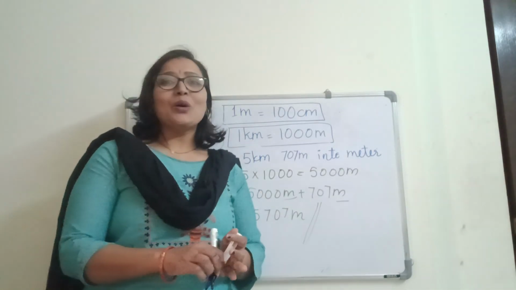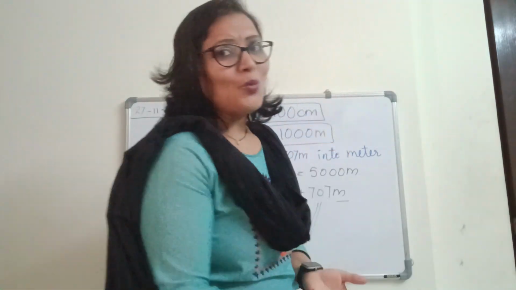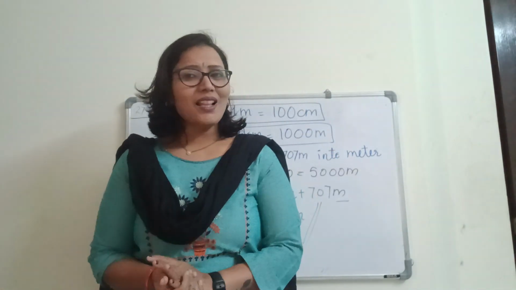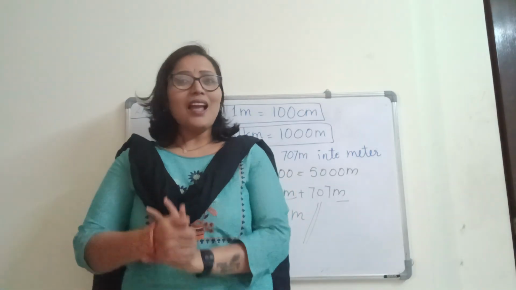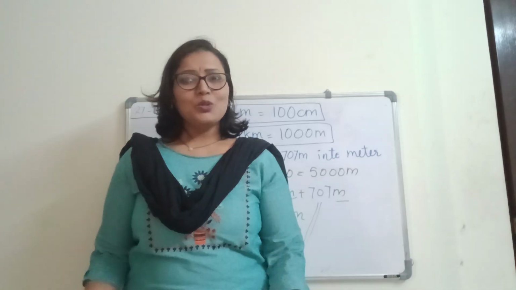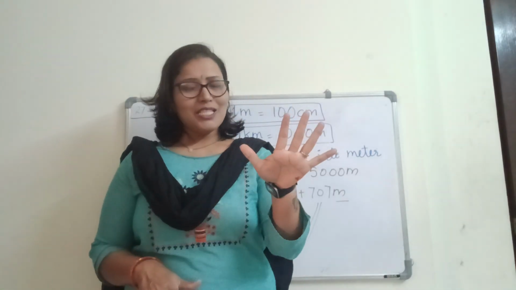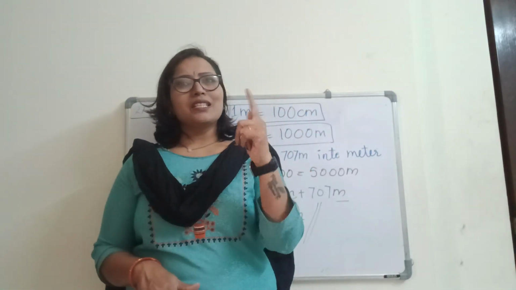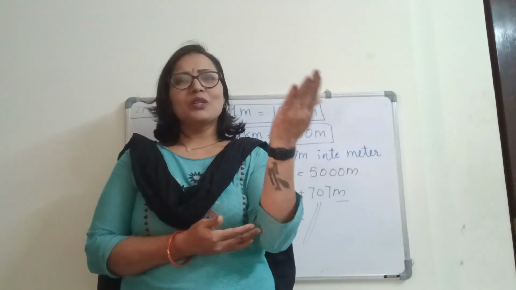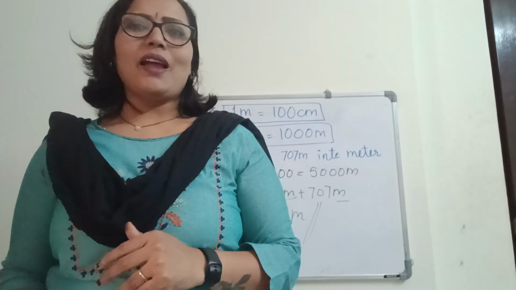Dear students, hope you understand what we learned in today's class. In today's class, we learned how in olden days people used body parts to measure length: hand span, digit, cubit, then foot span.